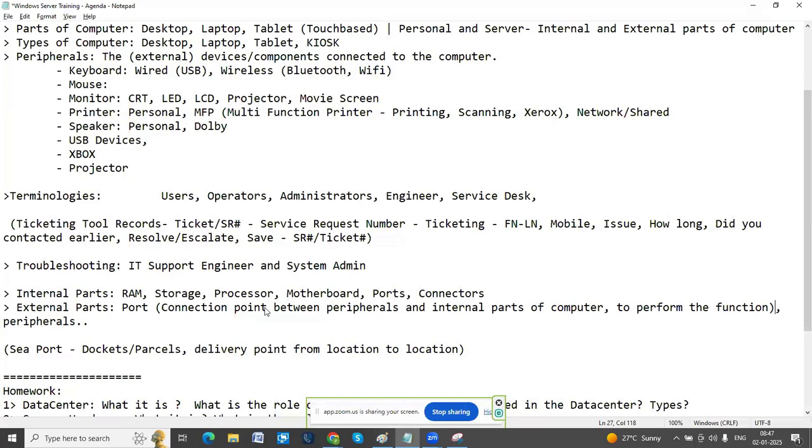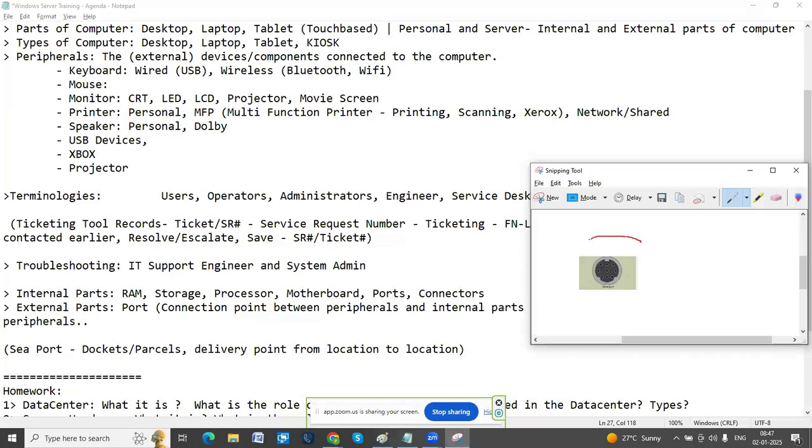Again, there are so many ports. One example I told here in the keyboard part: serial port, parallel port, USB port. What is meant by port? The design varies here. USB port, how does it look?